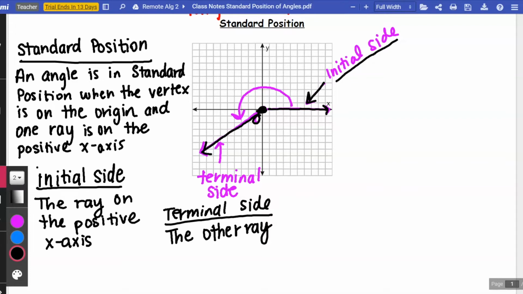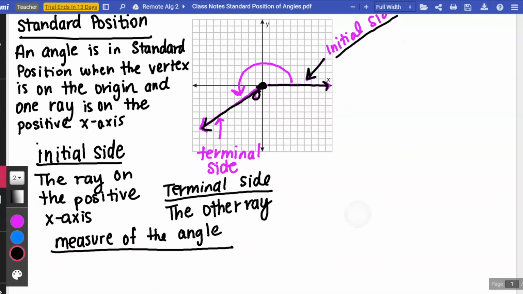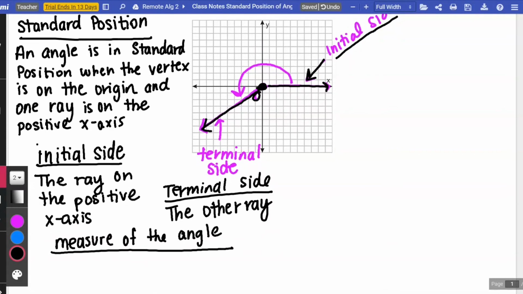Then if we want to talk about the measure of the angle, the measure of the angle is just the amount of rotation from the initial side to the terminal side.